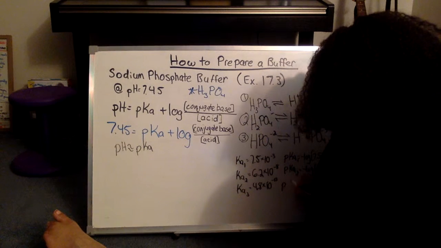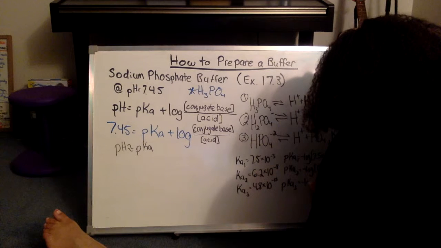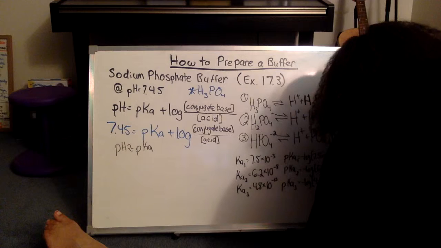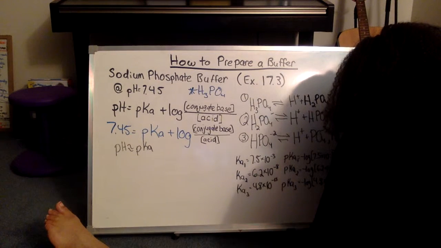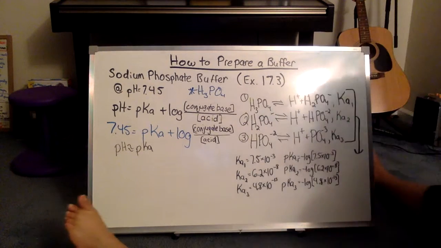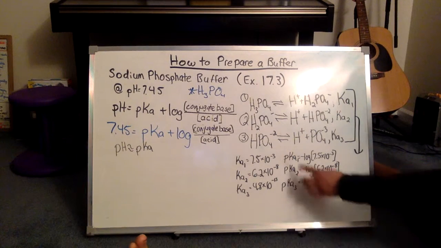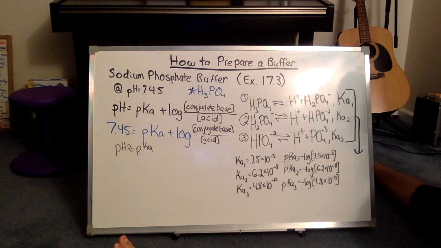I'll show you in a second. I know I'm covering it. pKa3 is minus log of 4.8 times 10 to the minus 13. So that's all we did, is we did our P operator.